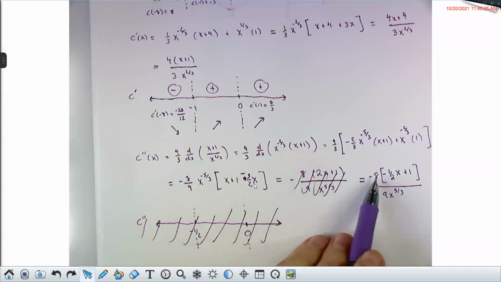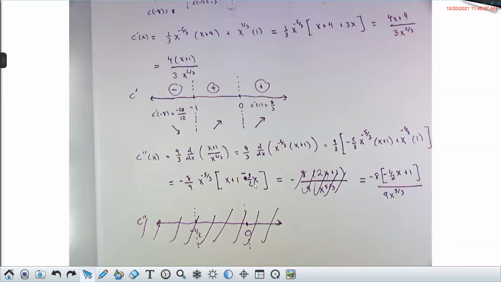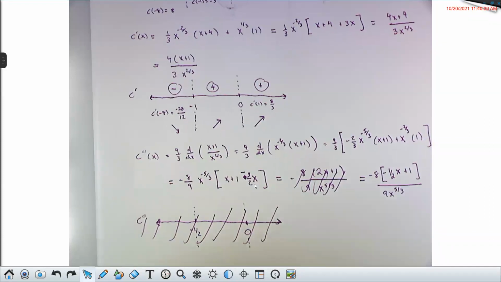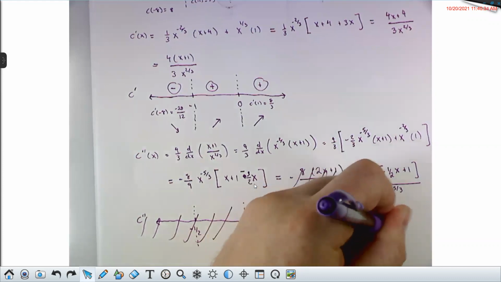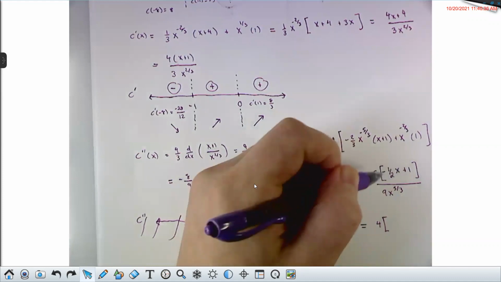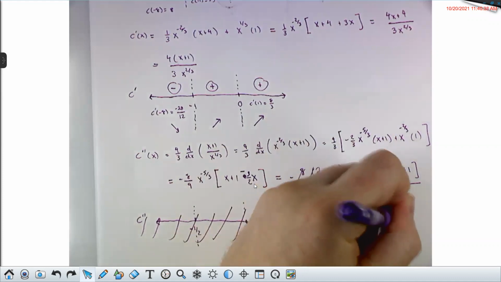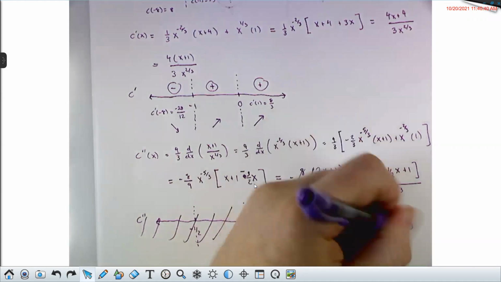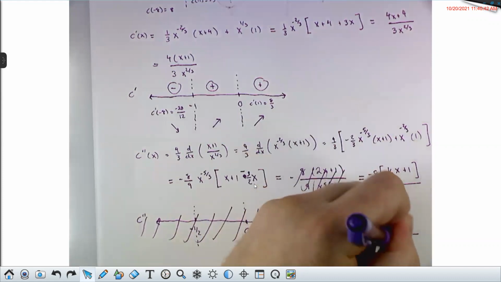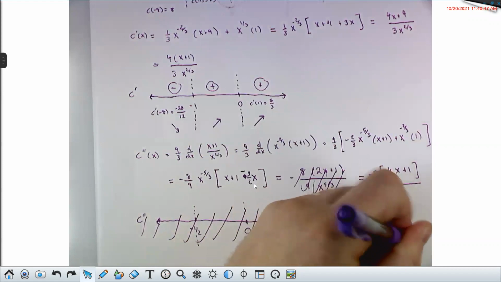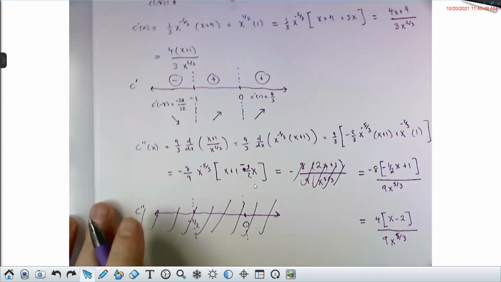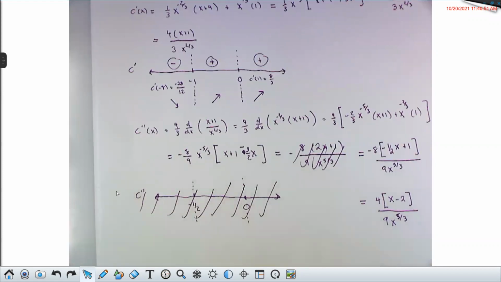I could redistribute a 2 or even a negative 2 there. So I can call this a 4 out front. And then when I multiply everything in here by -2, this will become x minus 2. And then 9x to the 5/3. That's much nicer, actually. Not 5/3. Okay, sorry about that. You're exactly right, and that's very nice of you to correct.